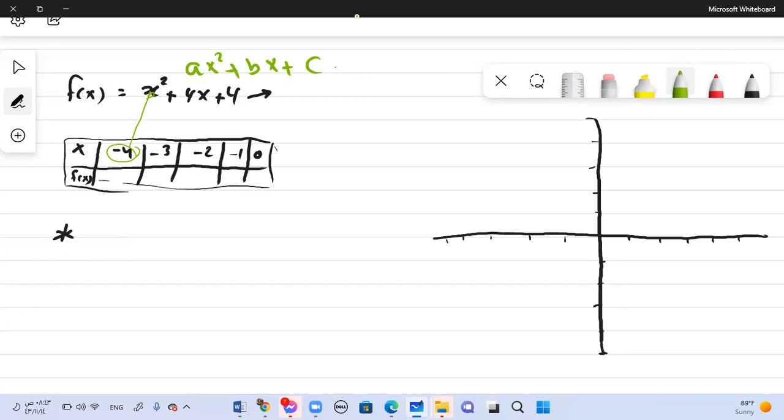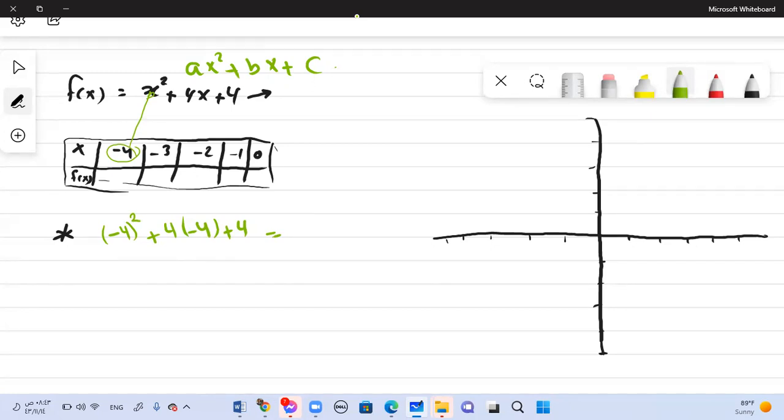Okay? So (-4) to the power of 2 plus 4 multiplied by -4 plus 4. You can put this on the calculator and find the answer, but be careful. If we have a negative number, we should open the bracket.